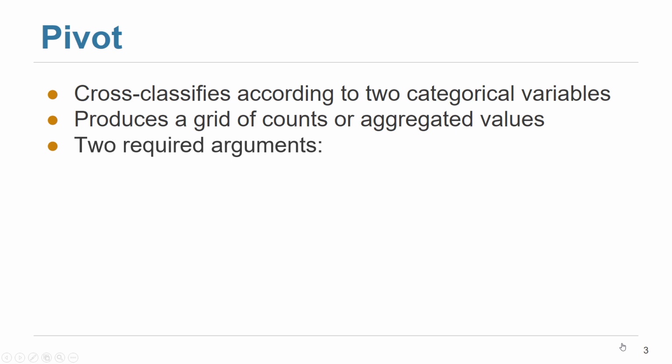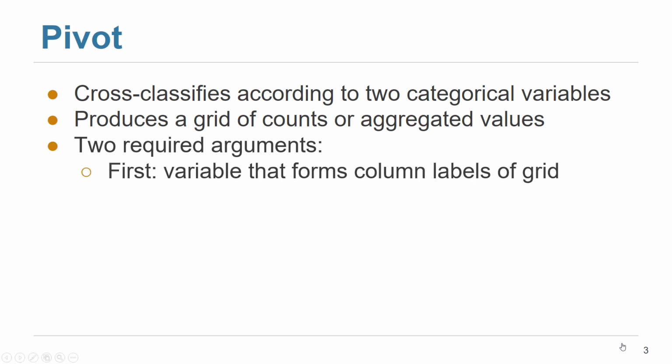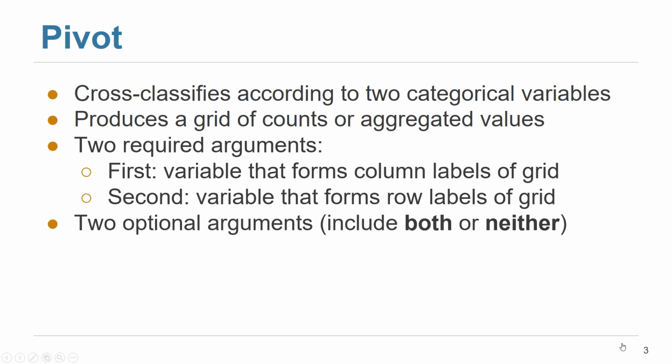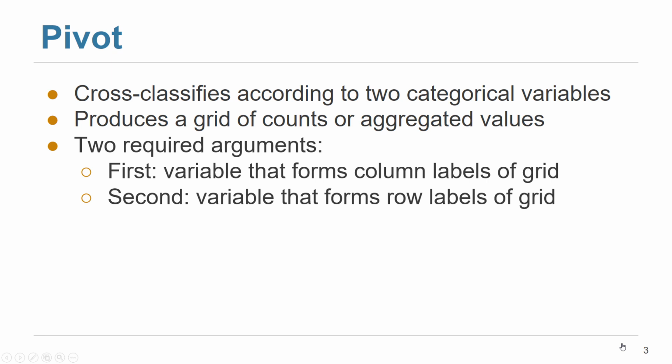And if we want to do something specific, then we should give the custom function. So we have two required arguments. The first one, the variable that will form the column labels. The other one, the variable that will form the row labels. And two optional arguments. If we didn't give any other arguments, then we will count as the default for grouping.